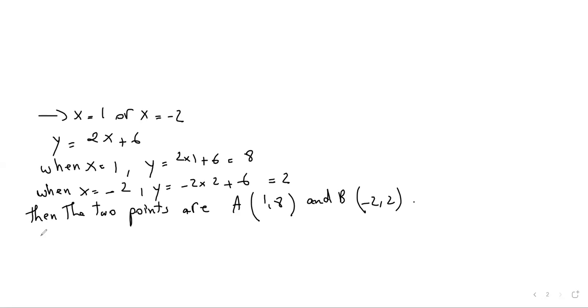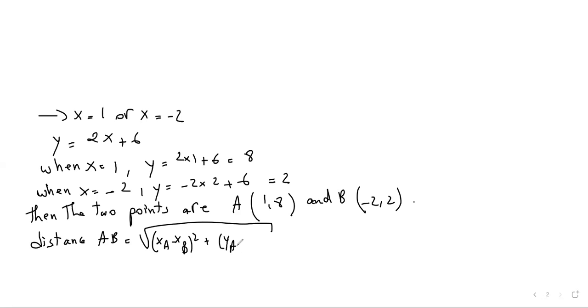So let's start with the distance AB. I will be applying the formula, which is the square root of (XA minus XB) squared plus (YA minus YB) squared. So it will be XA, 1 minus negative 2, so plus 2 squared... actually 3 squared, plus YA, 8 minus YB, 8 minus 2, which is 6 squared.